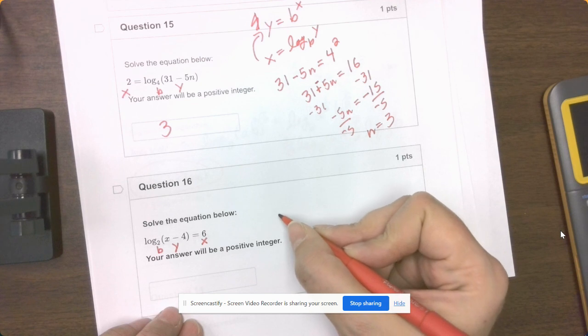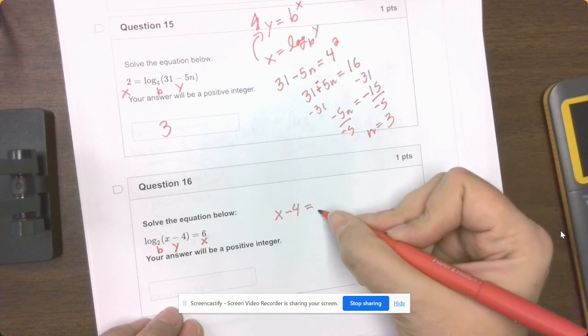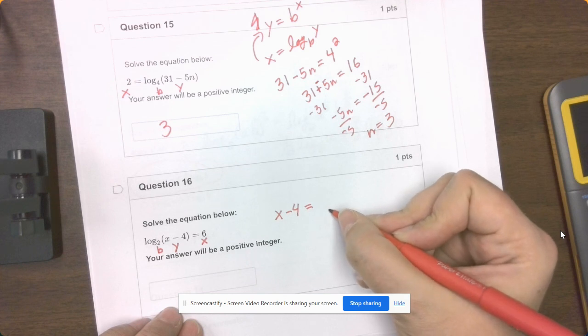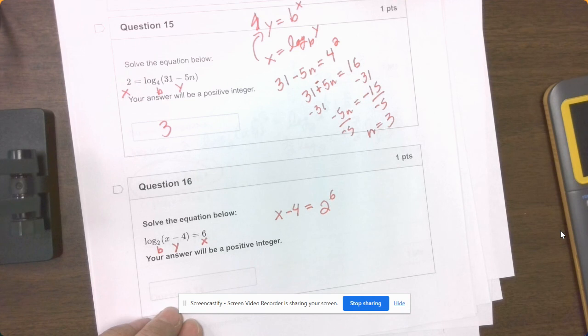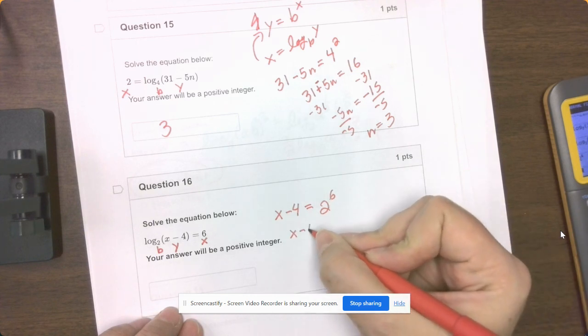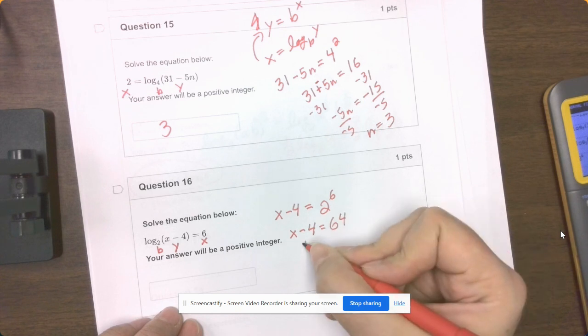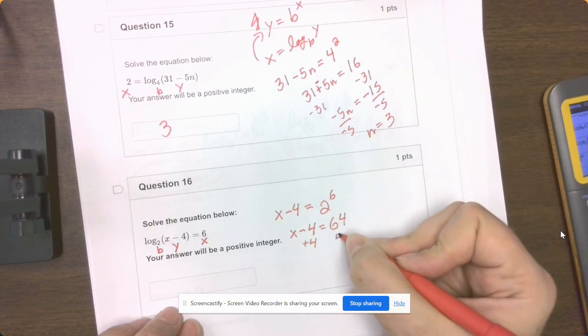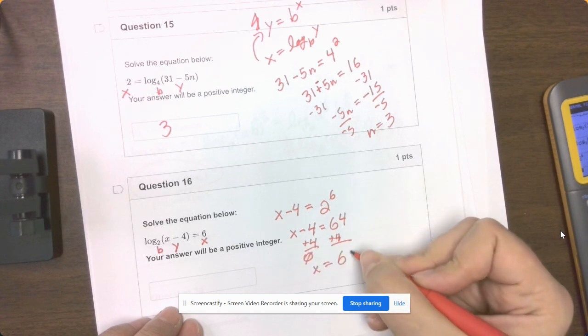So x minus 4 is equal to 2 to the 6th power. Okay, so we get x minus 4 is equal to 64. Add 4 to each side, and we get x is equal to 68.